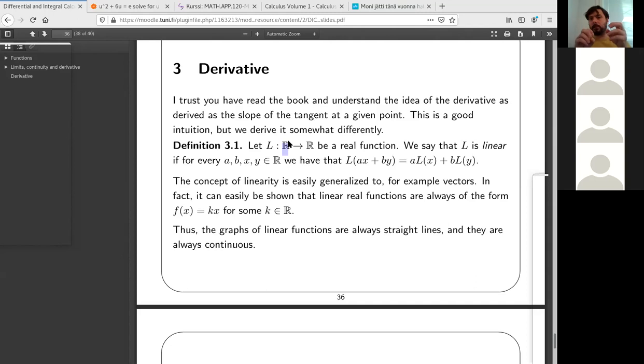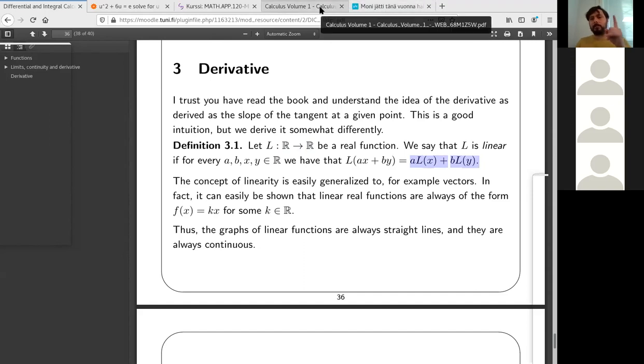And that function can be multiplied by a constant. If it's multiplied by a constant or if two functions are added, then the result can be gotten by multiplying by constants and adding the derivatives. So the derivative itself is linear.